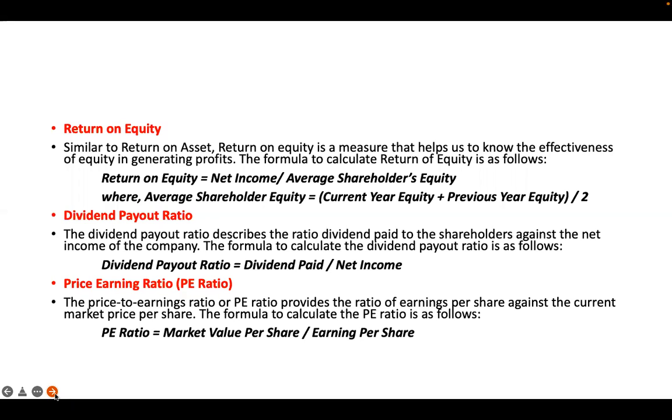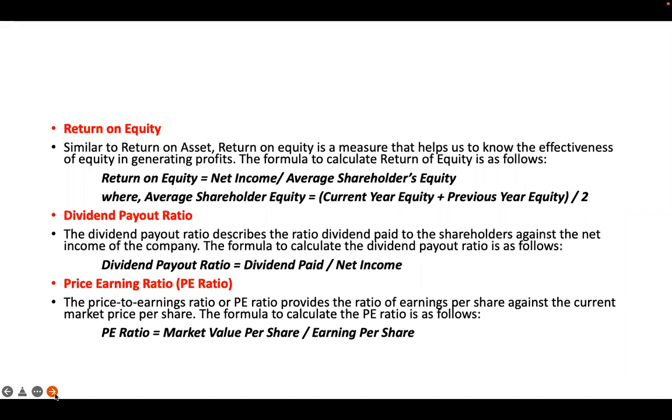Simple formula. Return on equity is equal to net income divided by average shareholders' equity, because equity is given to shareholders, on the amount the shareholders contribute. Average shareholders' equity is equal to current year equity plus previous year equity, divided by 2.